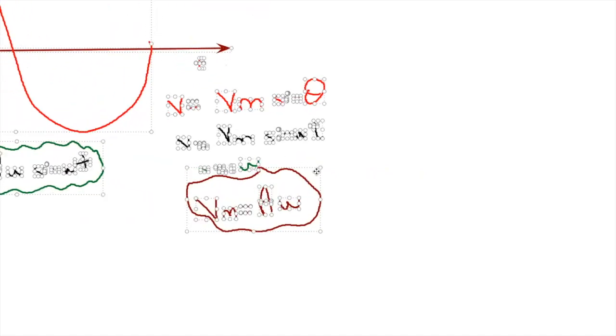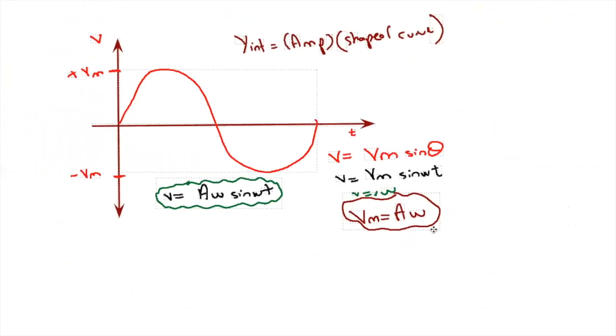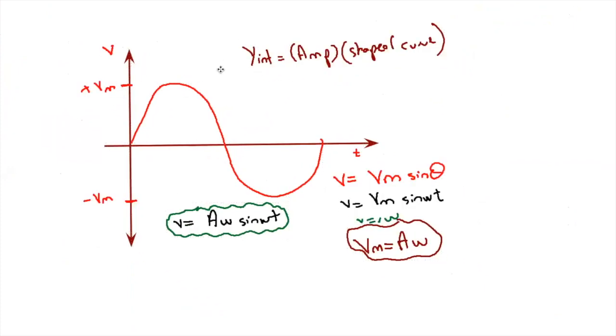That's how I got A omega instead of Vm. But the base formula, the raw formula, kacha formula, this is the uncooked version of the formula. But this is the final formula. And for any kind of calculations, you have to use this formula.